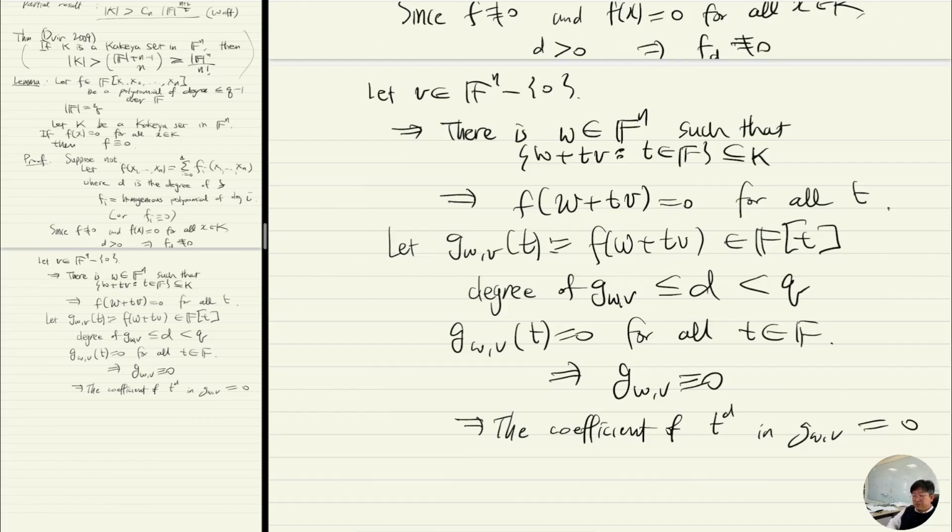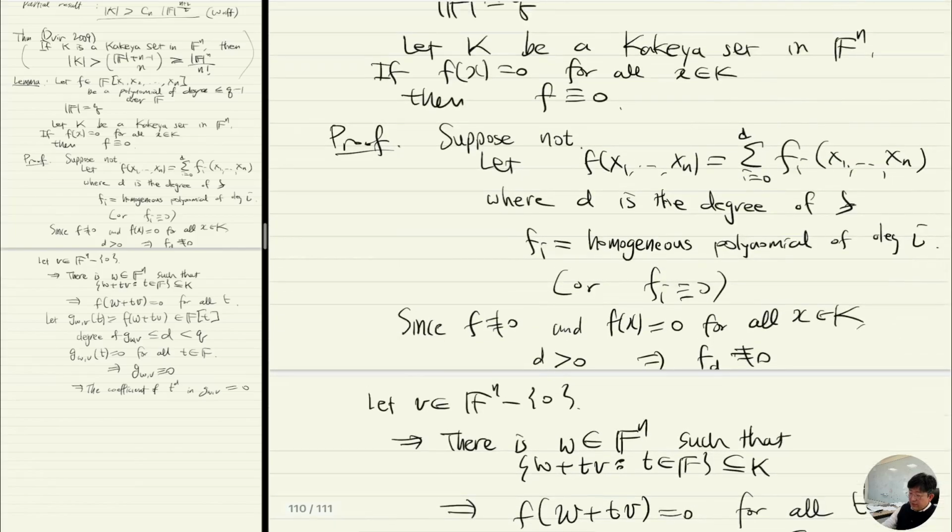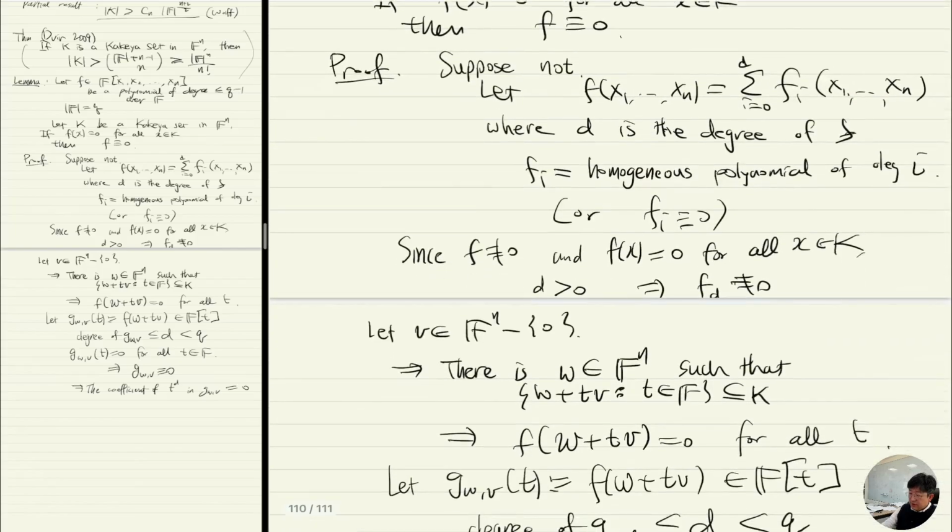So what is the coefficient of t to the d? When do you have t to the d? Well, that's when you have the degree d homogeneous polynomial. We are evaluating f with the variables replaced by w_i plus t v_i, and you're taking products of these things.